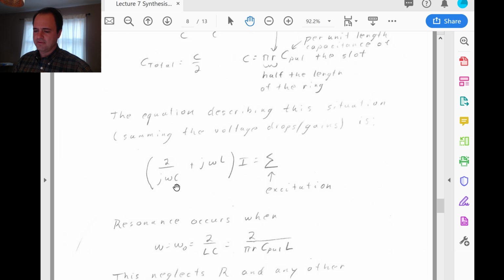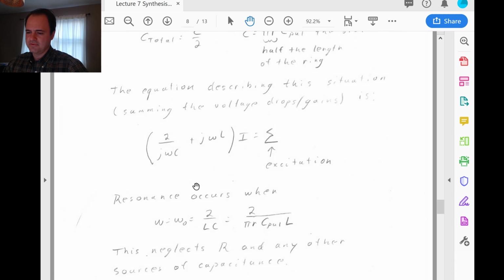It's C over 2 in the denominator, so the 2 can come up here, and you have 2 over j omega C. This is for the capacitance part. And then you have j omega L times I, and that is equal to the excitation. So this is the equation that describes the situation.